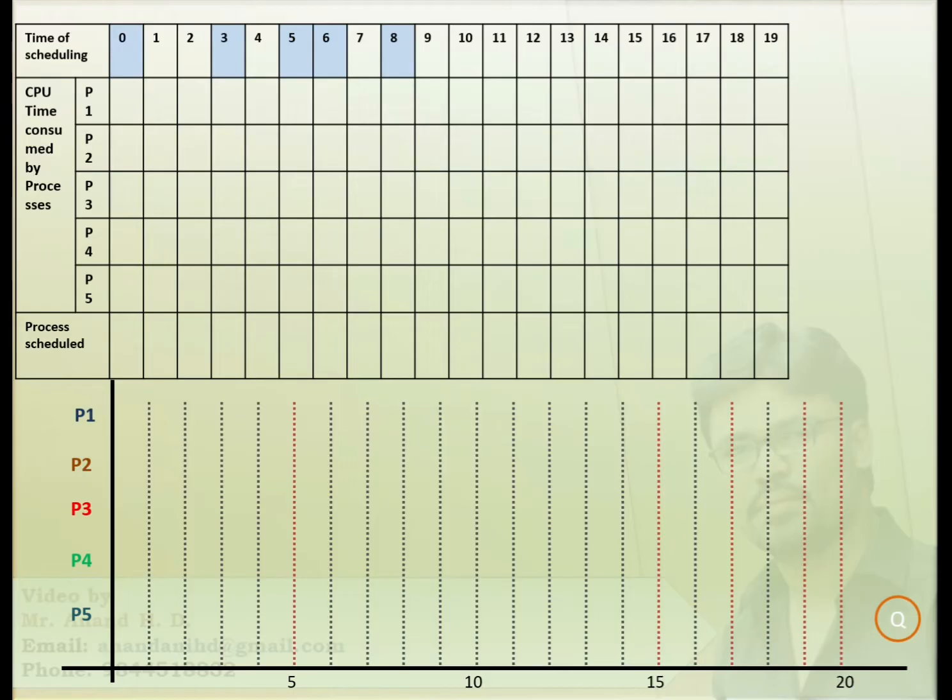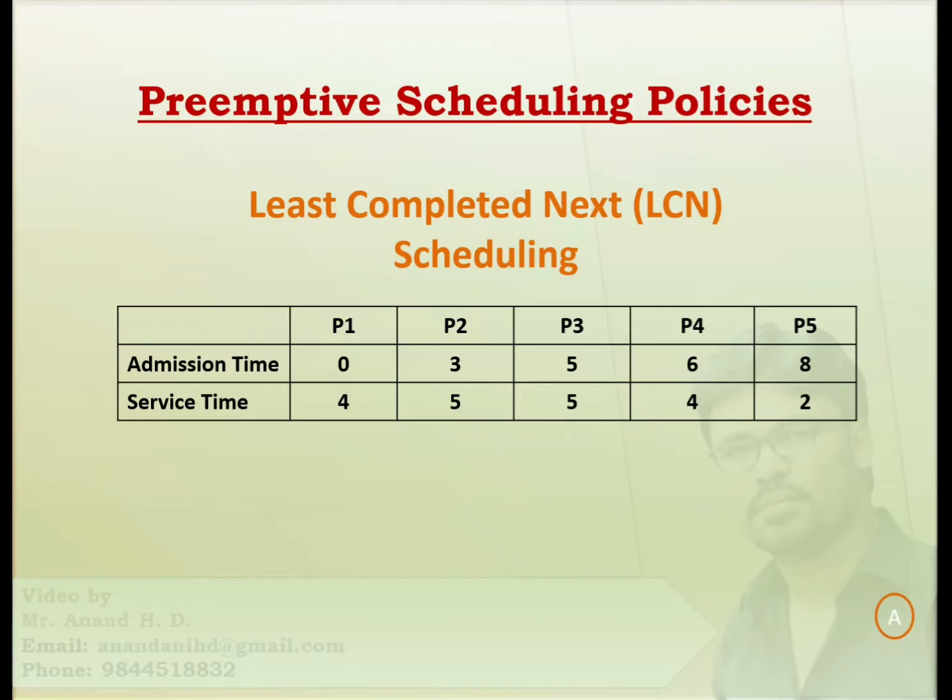Now once let us take a look at the question. So we can see that there are 5 processes P1, P2, P3, P4, P5 and their respective admission time and service time. So if you look, process P1 is admitted or loaded into the memory at time unit 0, and the next process is P2 which will be loaded into memory at 3 time units.